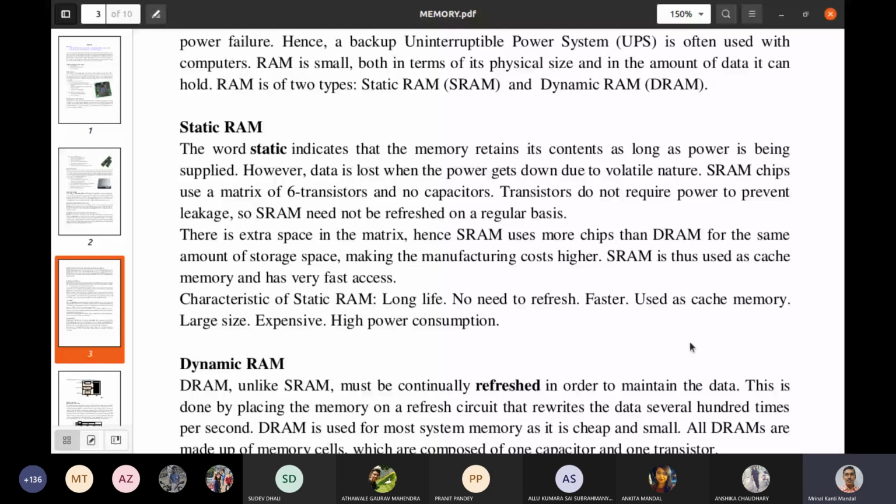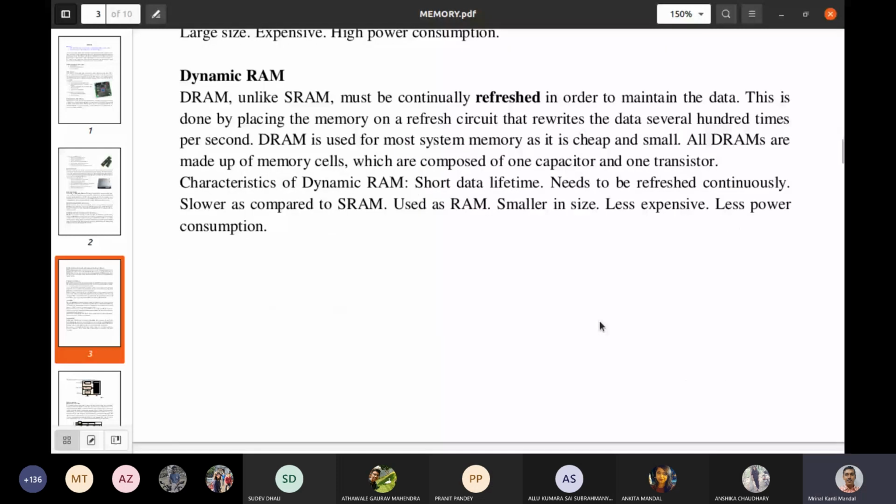Another is dynamic RAM. In dynamic RAM, one unit can be designed using 4 MOS transistors, or by using a single transistor. Dynamic RAM is possible.